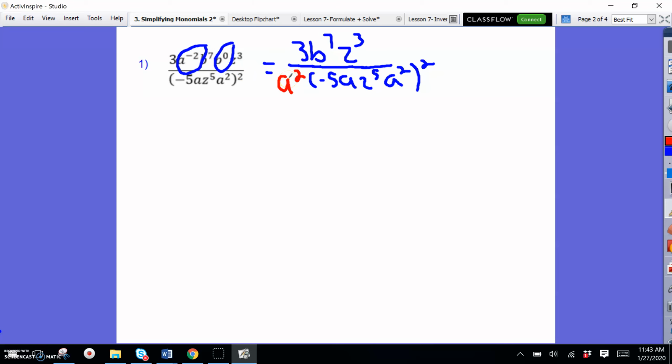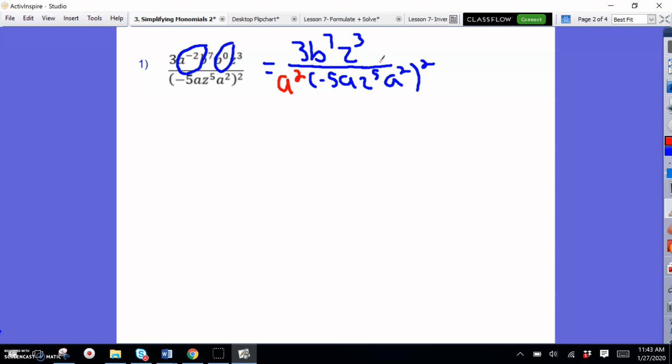Now this makes a little bit more sense. It's just a multiplied by itself twice, but it's on the denominator. And then b to the 0 is just the number 1. We can put times 1 here, but we don't need to because it's redundant. Now, if you had nothing in the numerator, we'd put the 1 in there to clarify that we have a 1 there.